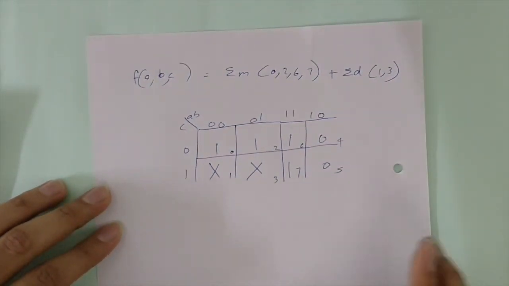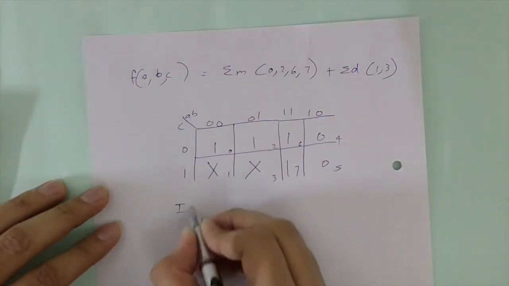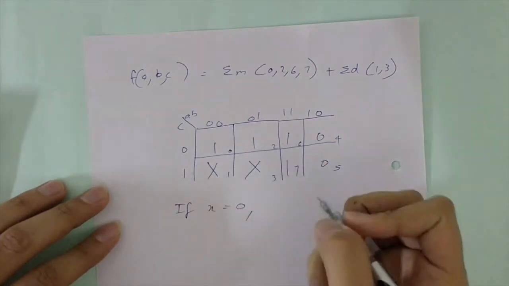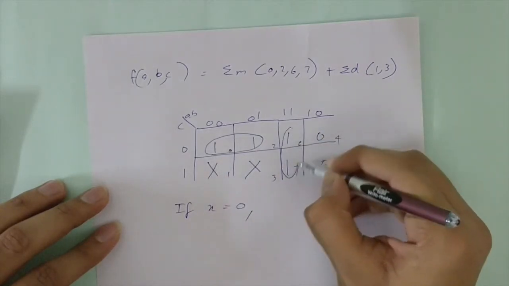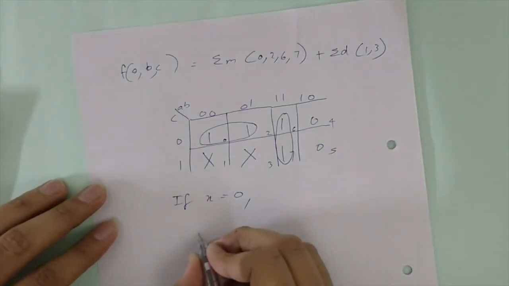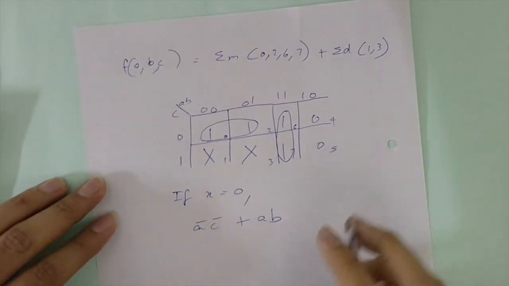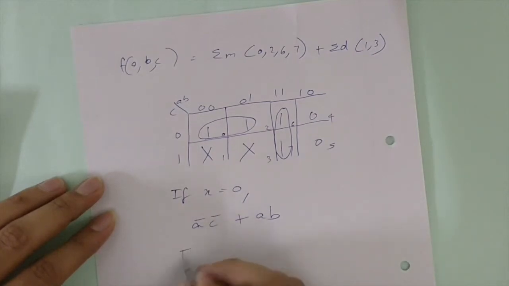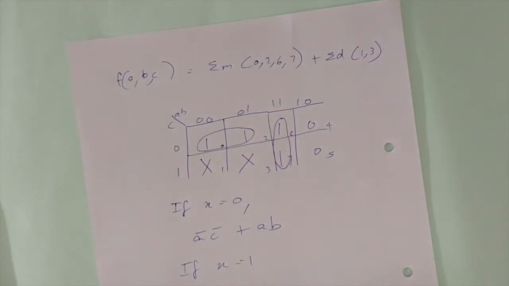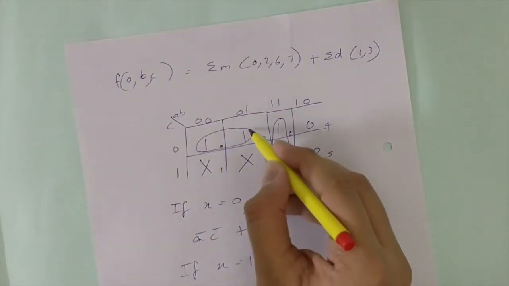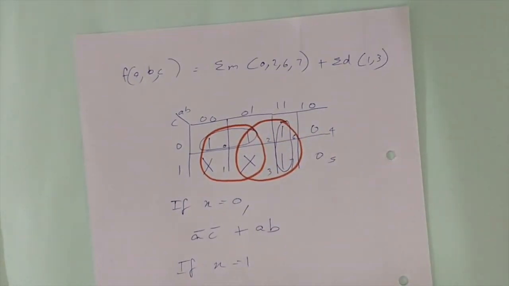Now we can either keep the X 0 or 1. If we keep the X as 0, we'll pair the ones like this. This will give us A bar C bar plus AB. However, if we keep the X as 1, we can pair these 4 terms and these 4 terms together.